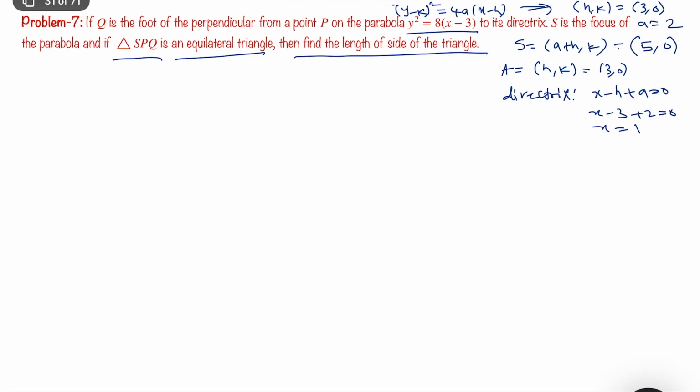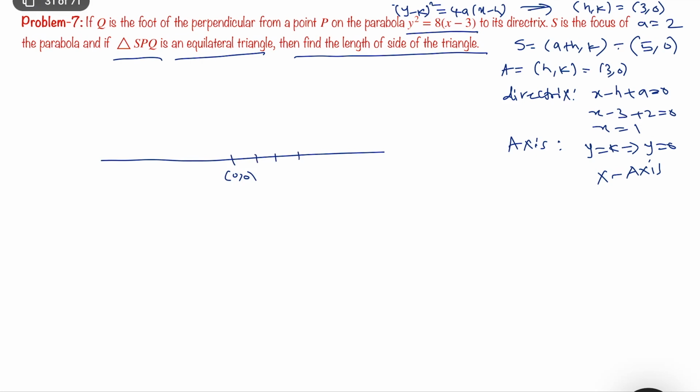Vertical line passing through 1 comma 0, and axis is y equal to k, but k is 0, right? So y equal to 0. That means axis is going to be x-axis only. Fine. So let me draw the parabola here. So let us say here is 0, 0.